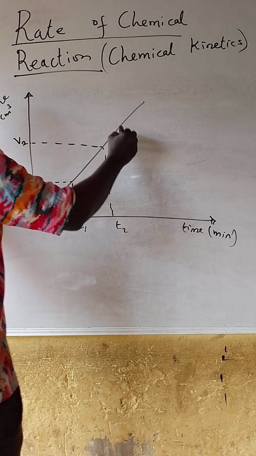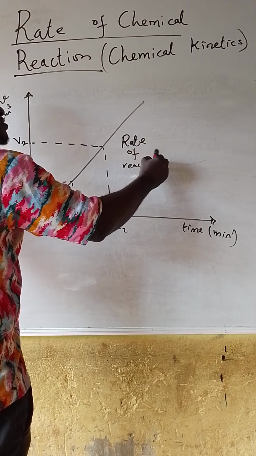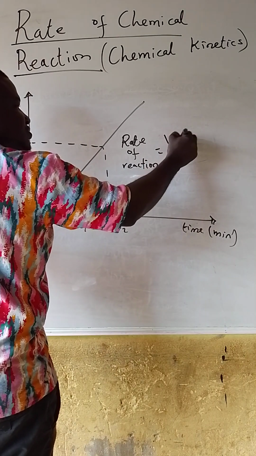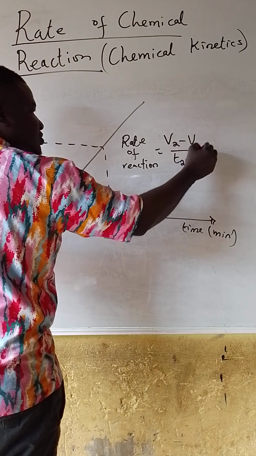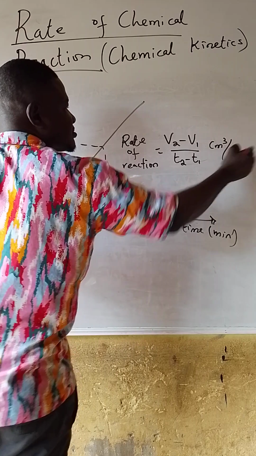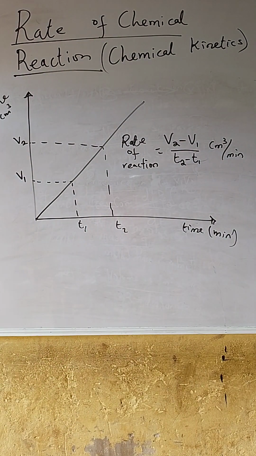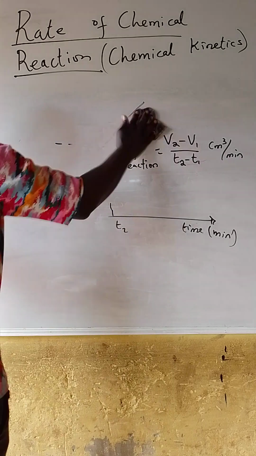So the rate of reaction is equal to V2 minus V1 over T2 minus T1, whose unit is cm cube per minute. You may be given an equation, maybe a magnesium ribbon reacts with dilute excess hydrochloric acid, and you are asked to draw the graph. Maybe you are given a graph.